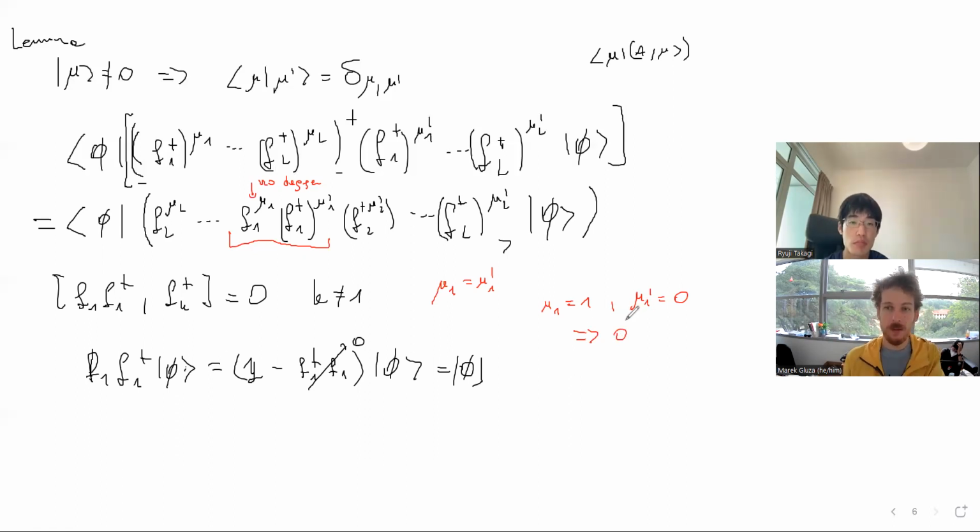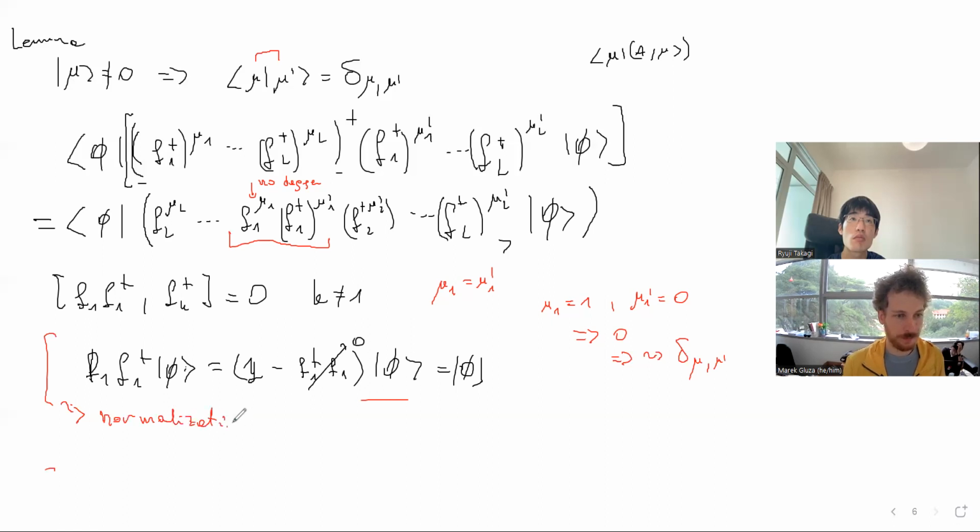If you have the other condition, then you could do it in the other direction and drop the other vacuum, which means that this will be proportional to delta mu mu prime. And this is telling us that when they are equal, so when we have mu and mu prime the same, then they are normalized. So this calculation gives us normalization. And this calculation gives us orthogonality.